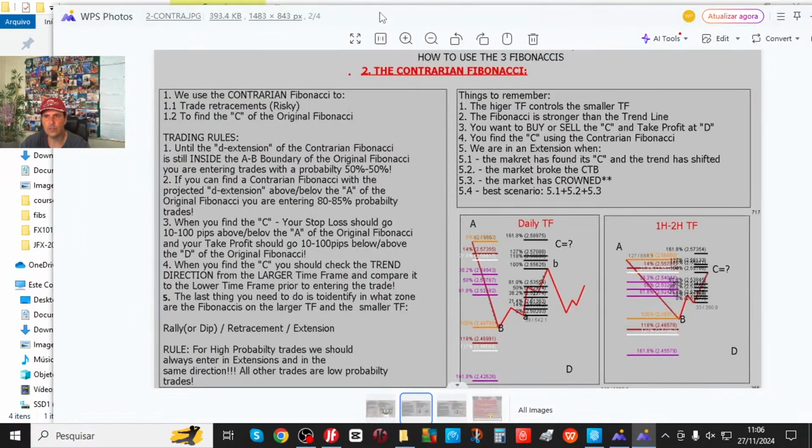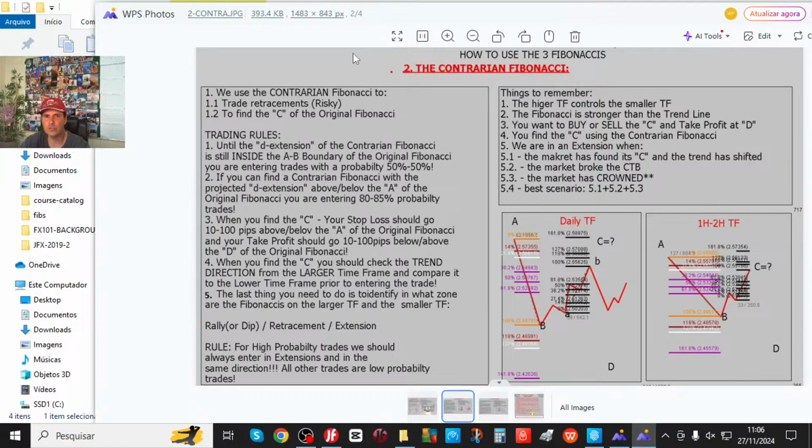The contrarian Fibonacci, we were trading those too. How to use the three Fibonaccis. Number two, the contrarian Fibonacci. We use the contrarian Fibonacci to, number one, trade retracements, which is risky, and number two, to find the capital C, the conformity of the original Fibonacci.